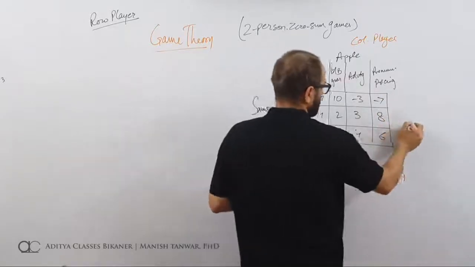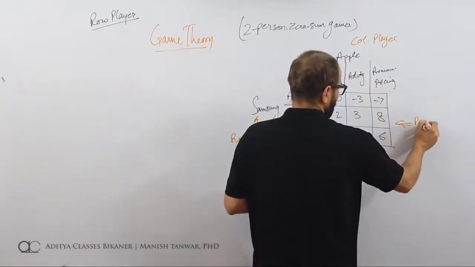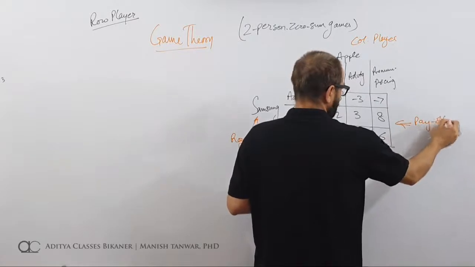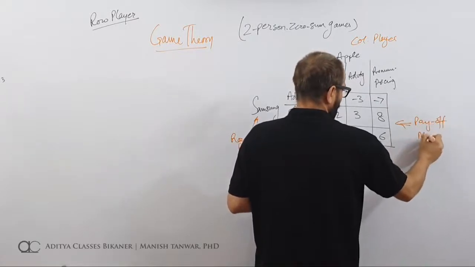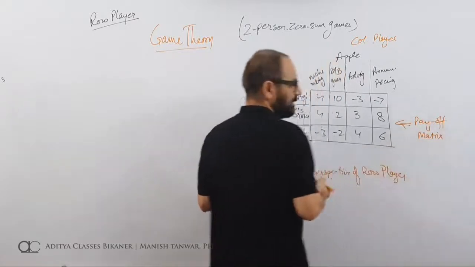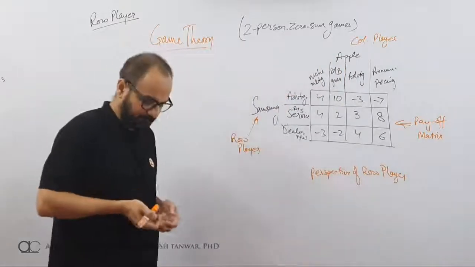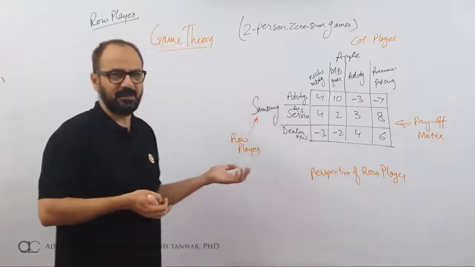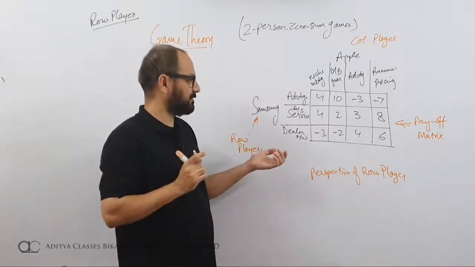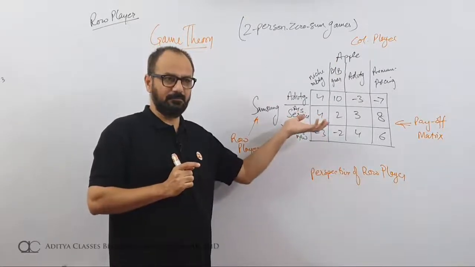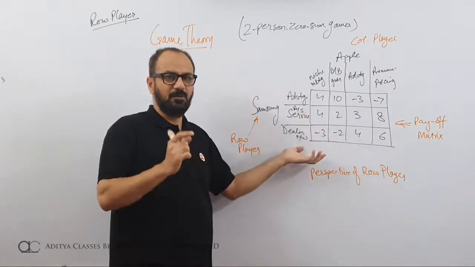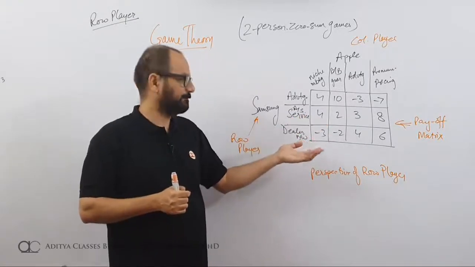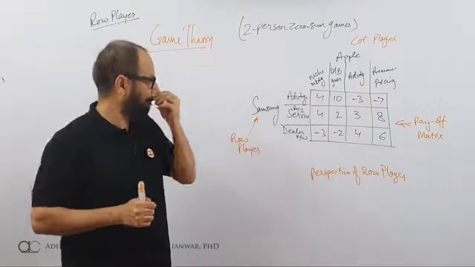This is known as payoff matrix. Payoff matrix, if you remember, we also make use of payoff matrix in decision making. Game theory in a sense is extension of decision making. If you remember decision making, there is one step where decision making will be very useful. We'll see when we get there.